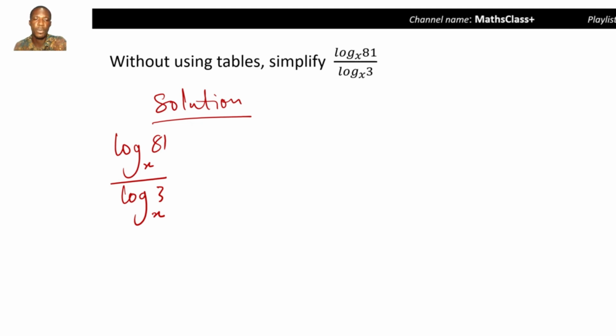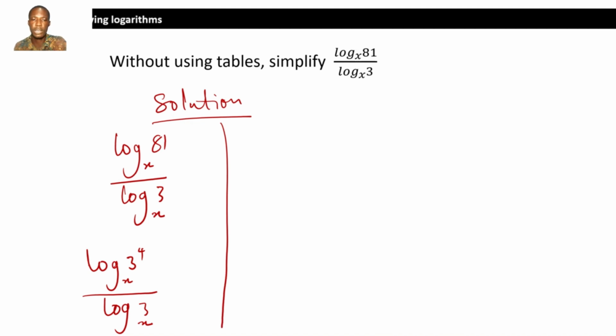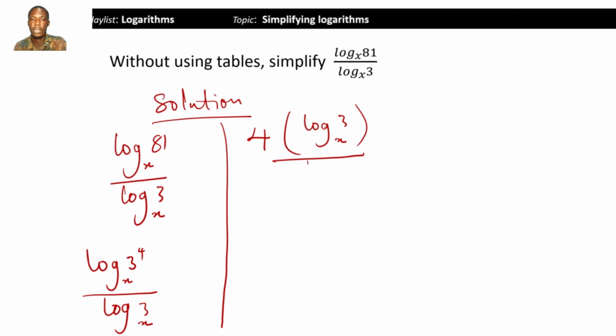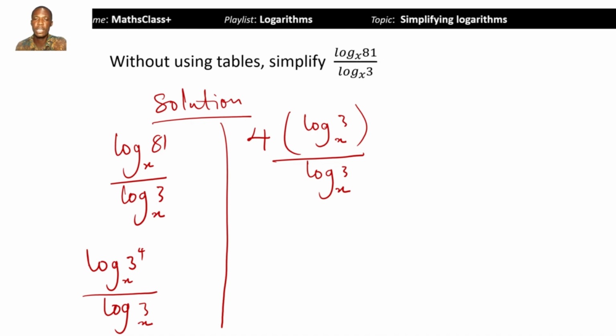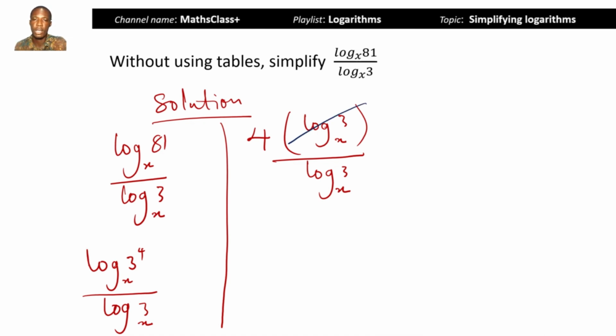So what we have, we are going to rewrite as log 3 to the power 4 base x divided by log 3 base x. And this gives us 4 multiplying log 3 base x divided by log 3 base x. So as you can see, log 3 base x is capable of cancelling out. So like this, then our result will be 4 as our final answer.